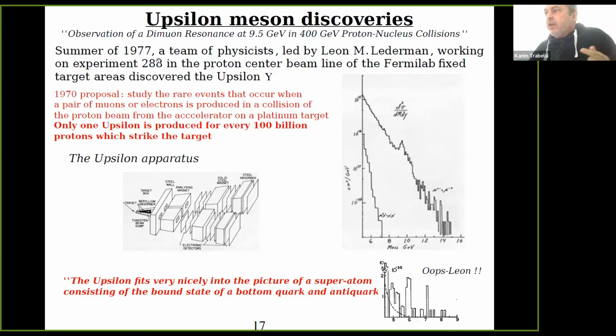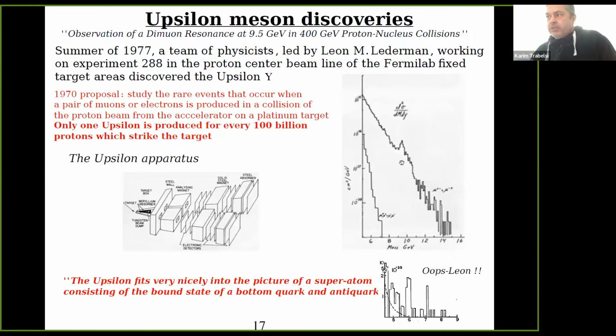Here, in this case, you have enough energy to produce and to observe dimuon resonances. When you do the invariant mass of these dimuons, these opposite-charge muons, then you find, with a fixed target and a 400 GeV proton beam, a resonance around 4.5 GeV.